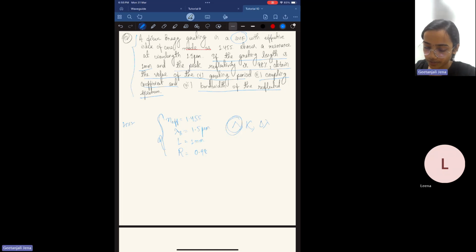0.515. Yes, you are correct. So I think we have calculated in terms of micrometer. Okay, grating period is correct. It will come around 0.515 micrometer. Okay, so you know how to calculate grating period now. Kappa, is it possible for you to calculate kappa now?